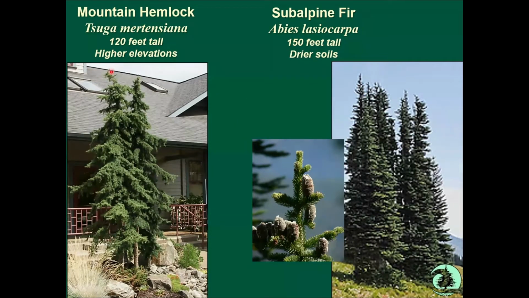I just think they're beautiful trees, with the conical shape. Wonderful trees to put in the landscape. But know if you're super, super low and super, super wet, they may not thrive the best. Well-drained soils for these two. And this is the subalpine fir. It's a true fir. The cones go up.